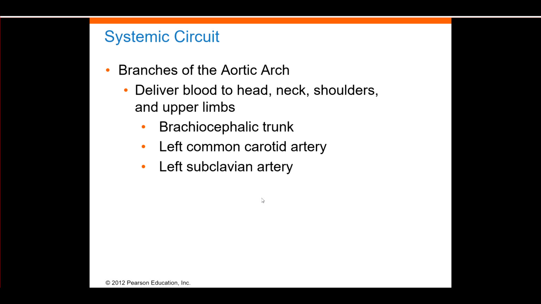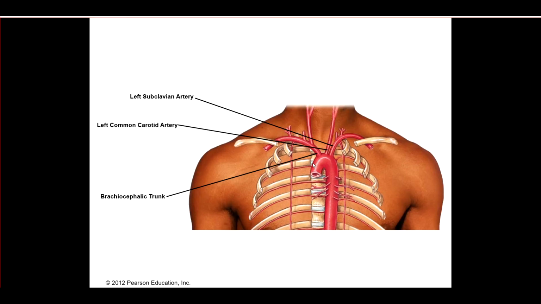Let's take a look. All right, so here's our arch of the aorta right over here. The first branch coming off is on the right side. This is the patient's right side over here. Here's the left. So this is going to be the brachiocephalic trunk right there, and that's number one. The second blood vessel coming up right here is the left common carotid, and then the third blood vessel, left subclavian.